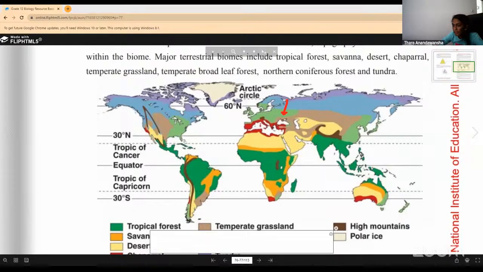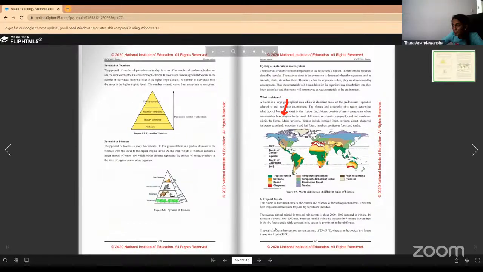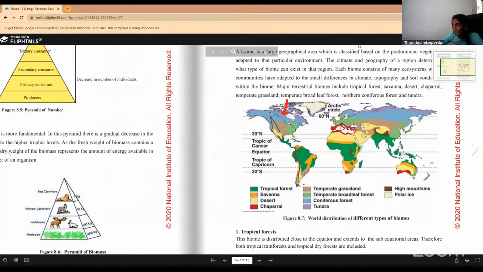And then next one, chaparral and desert. Chaparral is given in which color? Chaparral is red color. Yes, if you come down in this way, you will meet chaparral next. So here. And then they have given deserts, yeah, the yellow color.